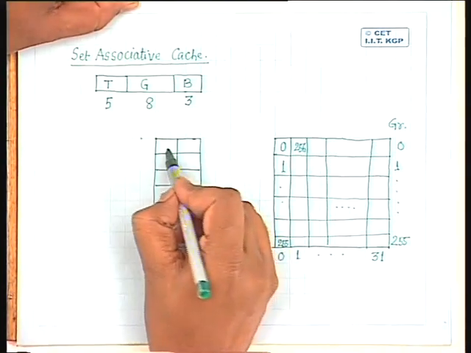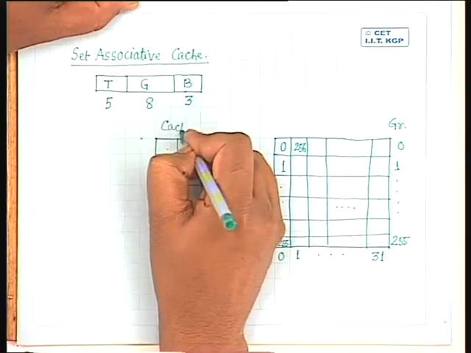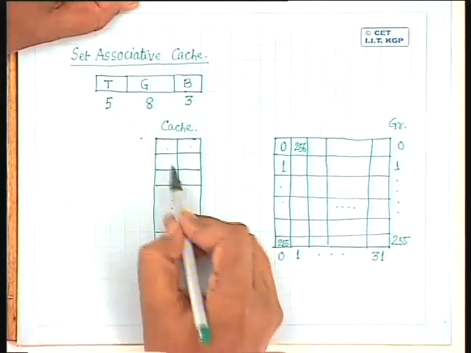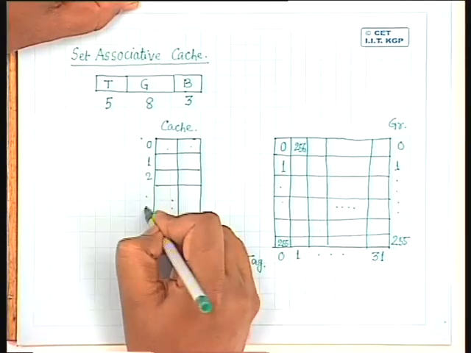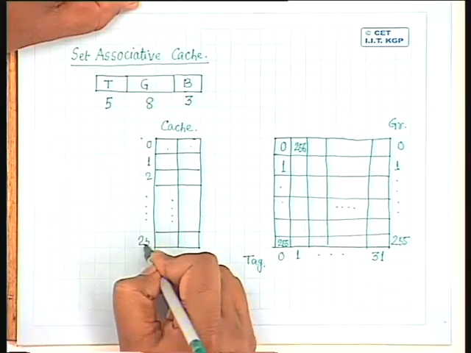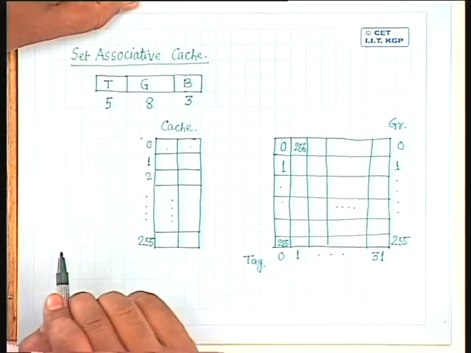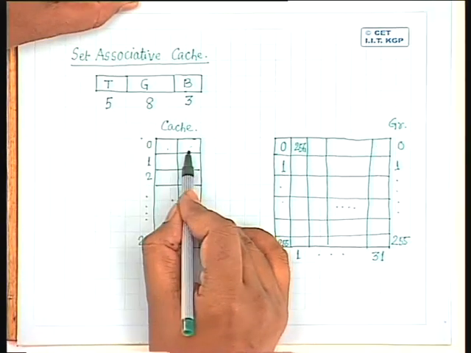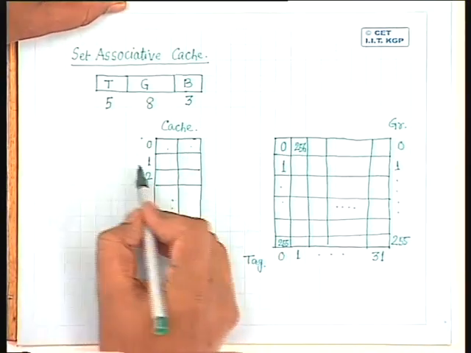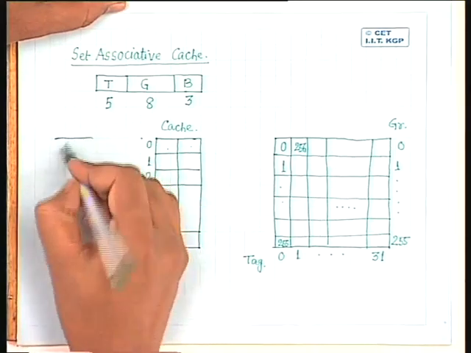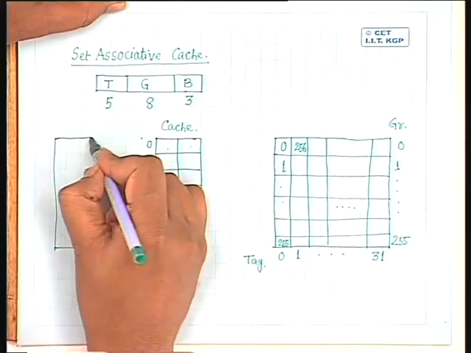So these two belong to the same set. This is the cache line. Now I have 256 sets, and every set consists of 2 cache lines. As I have 2 cache lines in the same set, accordingly in the tag memory organization I also have to have a similar organization.